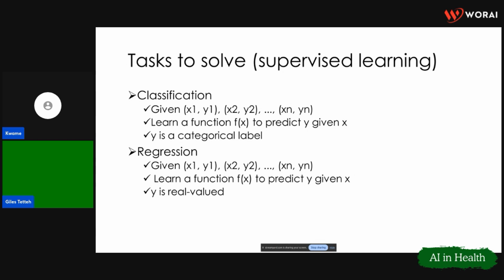So for example, we have images, and we want to predict if this image is a cat or a dog or something else. So this would be supervised learning where the prediction we are making is categorical. So it falls under classification.